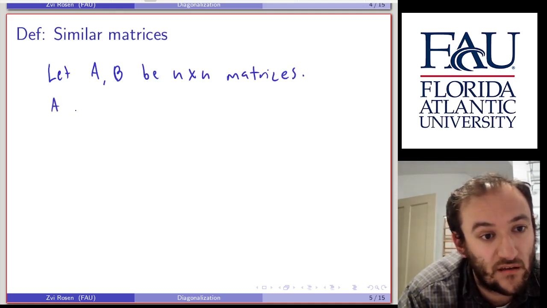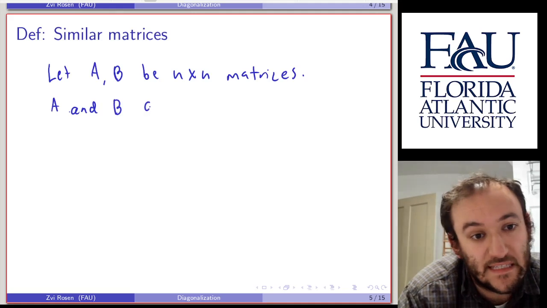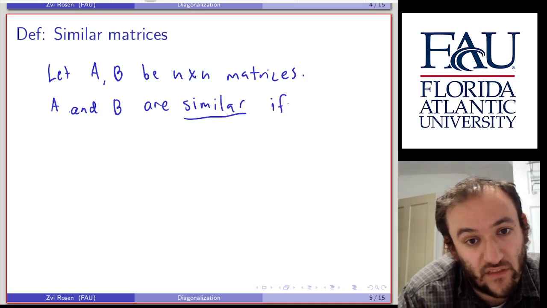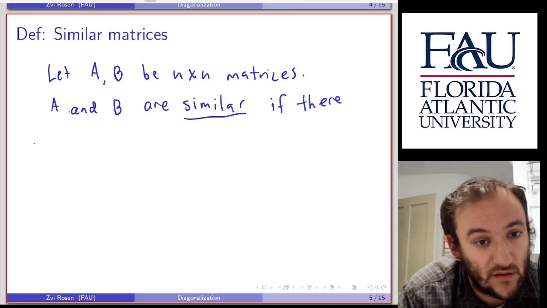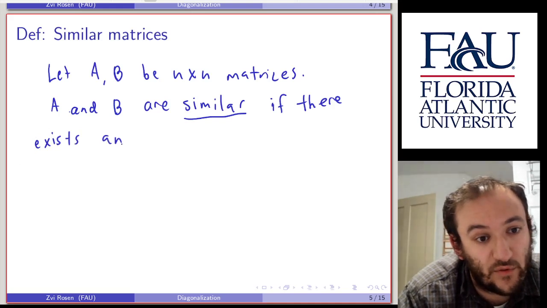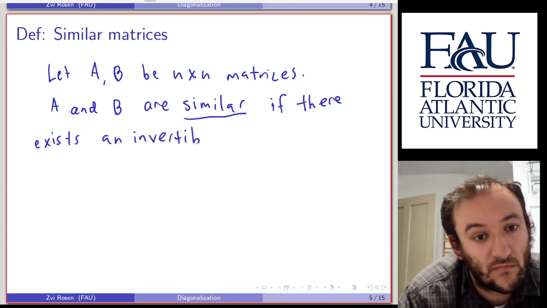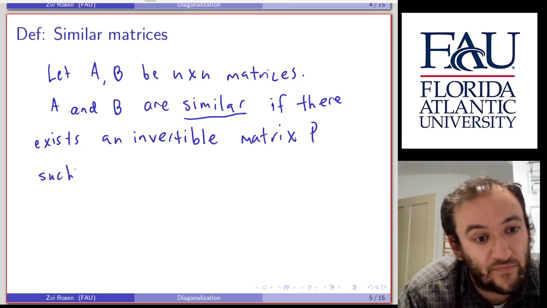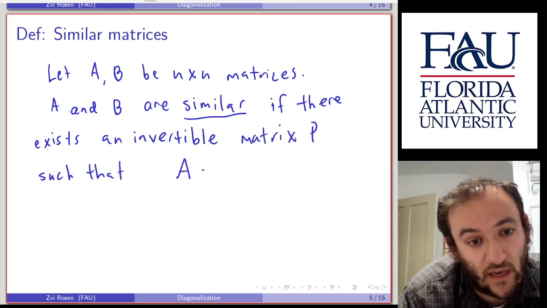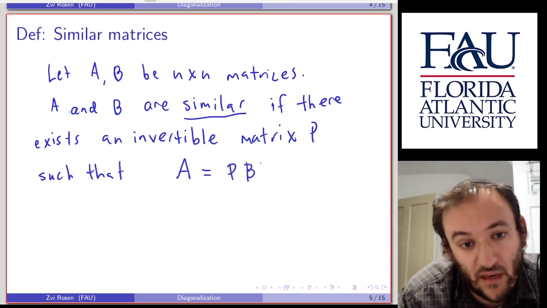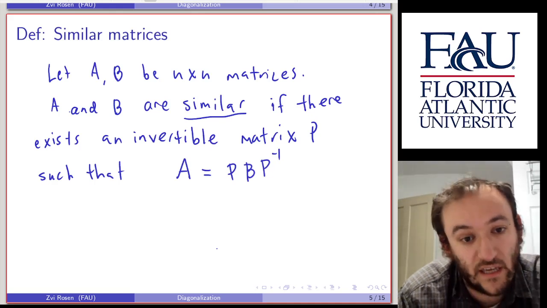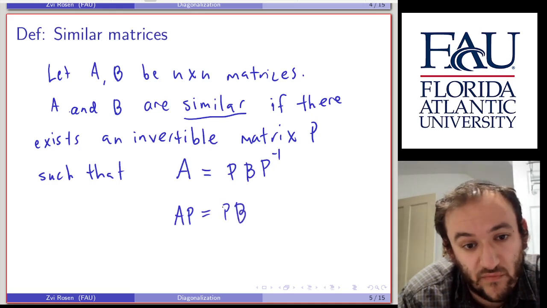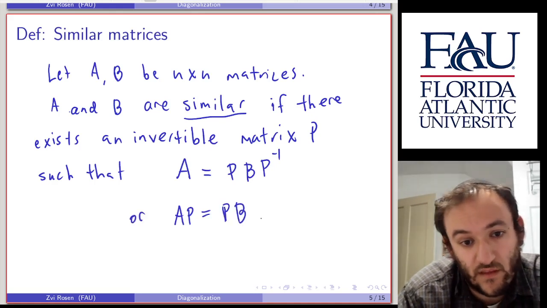Then A and B are said to be similar if there exists an invertible matrix P such that A equals P B P inverse, or equivalently AP equals PB. These are the same thing.